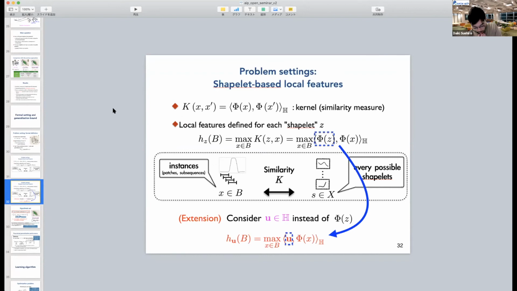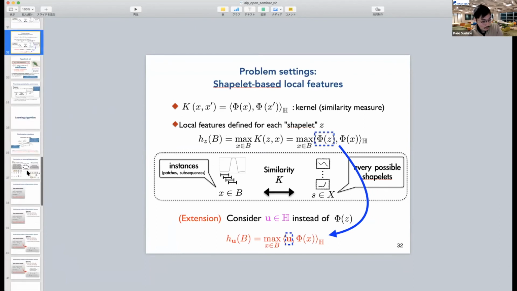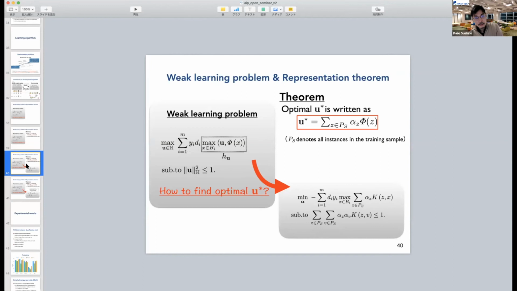Yes, I think for discrete structures, by the result of the representer theorem we introduced in this page, the discrete structures and the corresponding U is written as a linear combination of feature-mapped training instances, and the training instances are discrete.